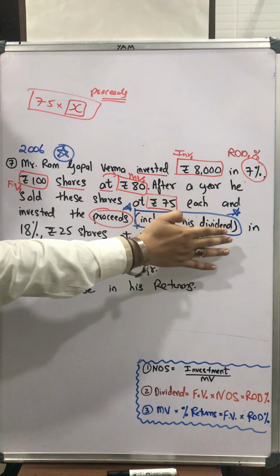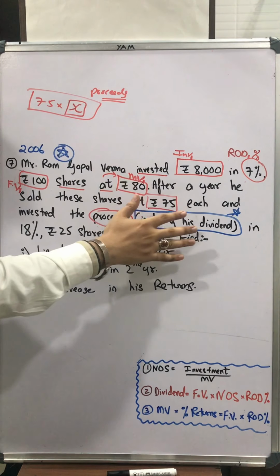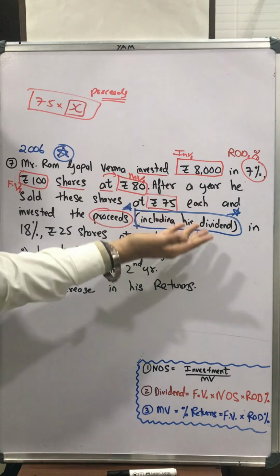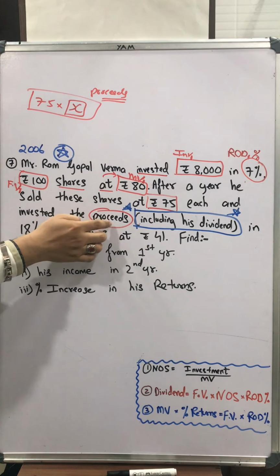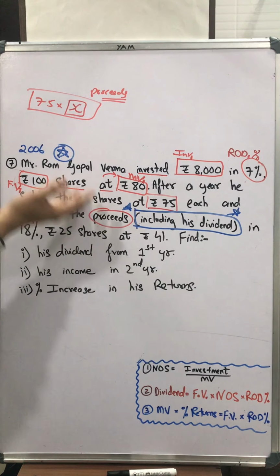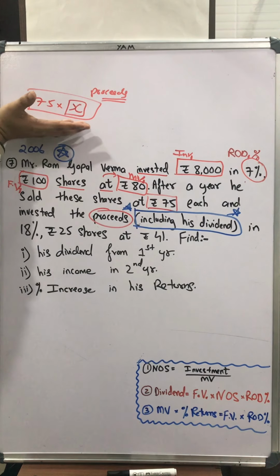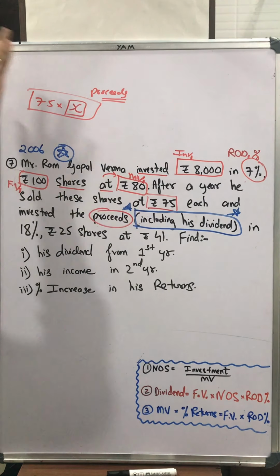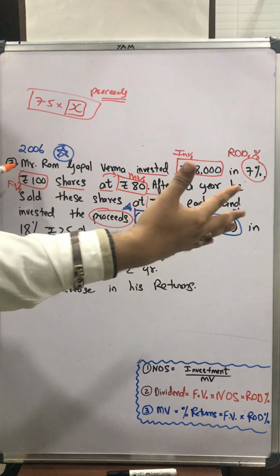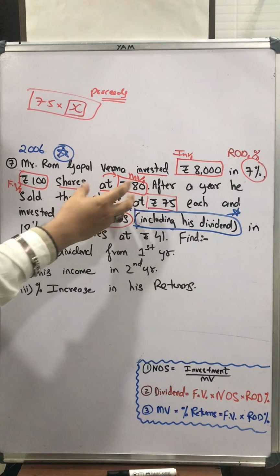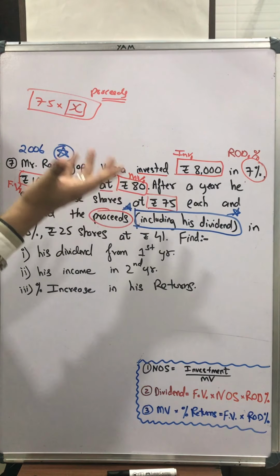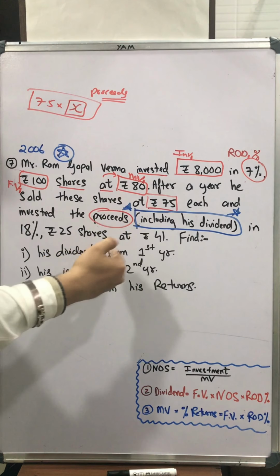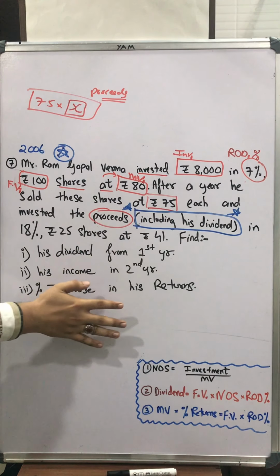Whatever income, whatever dividend he got from the first year due to the first firm, that also he is adding to the proceeds. So the money from selling the shares plus the dividend he received from the entire first year, he is clubbing both the things, and after adding both the amounts, the total amount which he received, he is investing in the second firm.